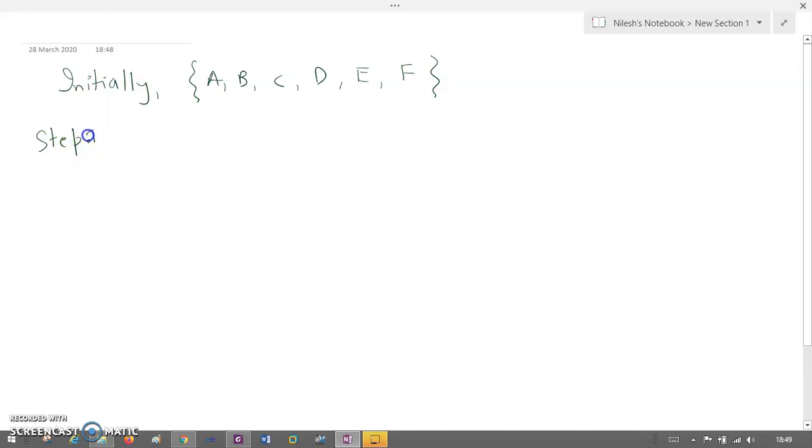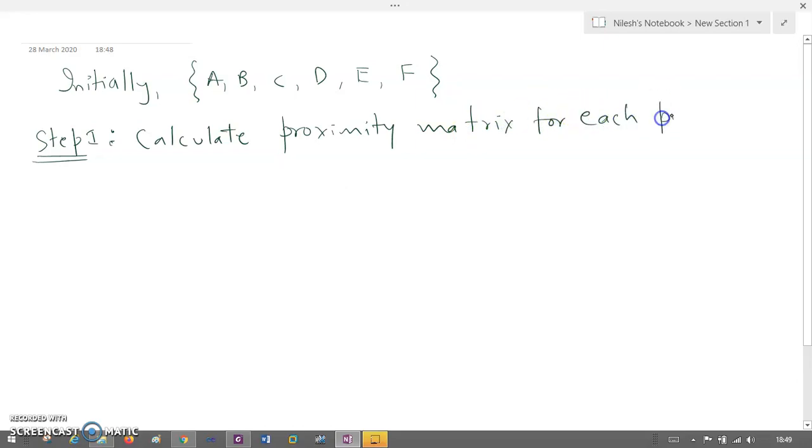is that it will calculate the proximity matrix for each point.